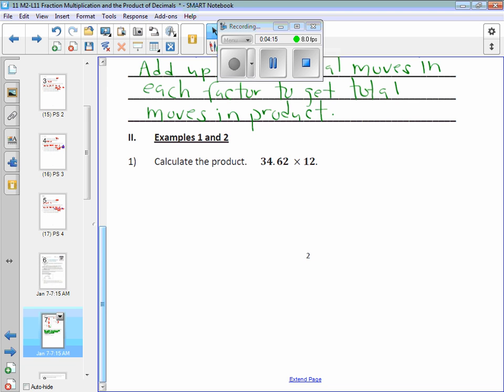Which number would you put on top? 3462 or 12? And that still holds true. Whoever has the most digits goes on top. And then you could put your decimal in. And then remember, this is 12, but you don't have to put the decimal in here, but that's where it would be. We're not lining up the decimal. We don't need to.